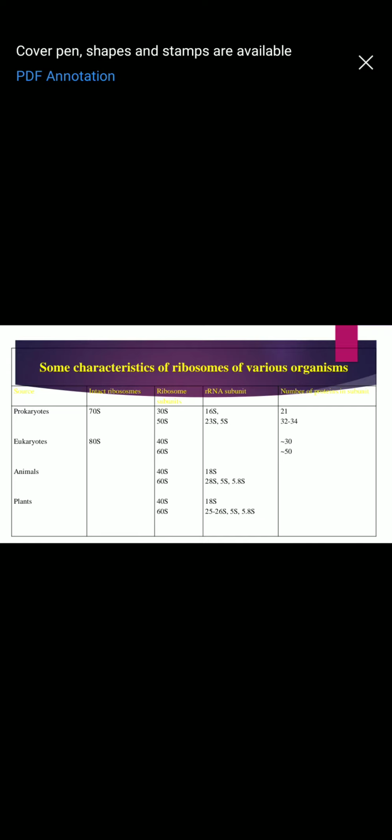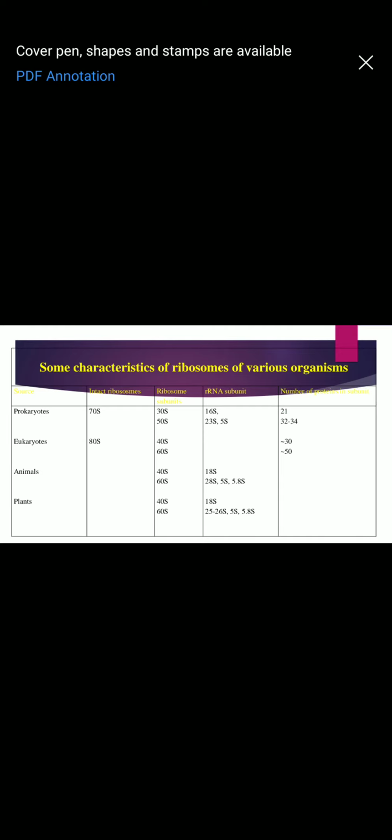If we divide it into the smaller subunit and the larger subunit, the smaller subunit 40S in case of animals has 18S ribosomal RNA, and the 60S of animals has 28S, 5S and 5.8S.